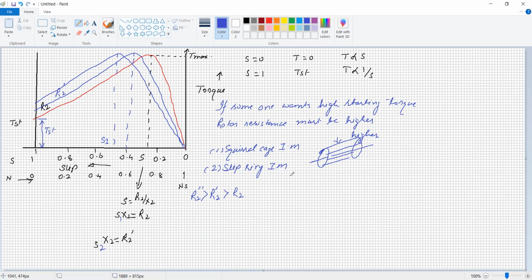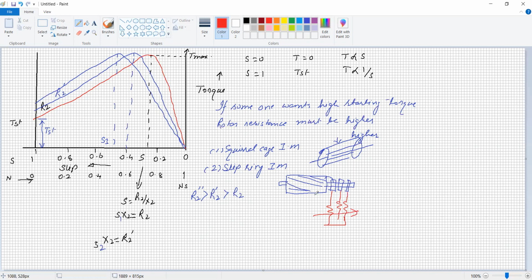Here the rotor is a wound rotor, similar to the armature winding of a DC motor. The only difference is that the conductors of the three-phase winding are brought out and connected to three slip rings, and the slip rings are connected with an external variable resistance.